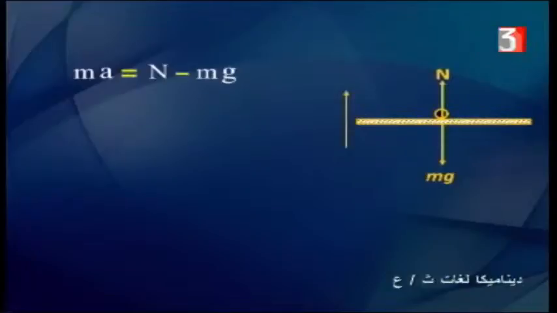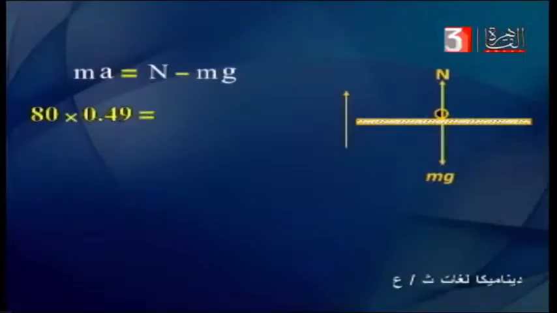What is the mass of the man? 80 kilogram. What is the acceleration of the lift? 0.49 meter per second squared. Now I use mass in kilogram and acceleration in meter per second squared, so the forces N and mg must be in Newton.